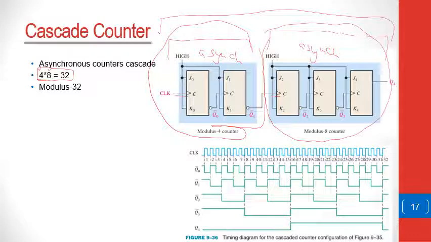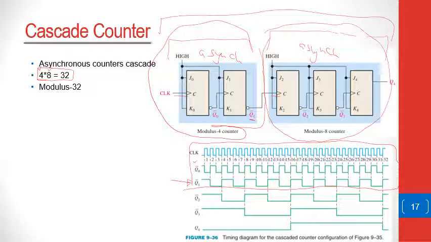And the reason why this happens is because, if you look at it in a series of blocks, you will see that the clock signal activates Q0. So it divides the frequency of the clock by 2.